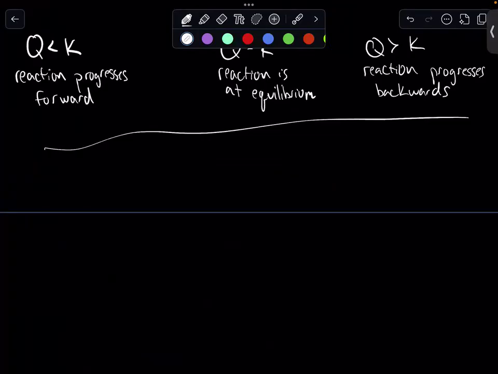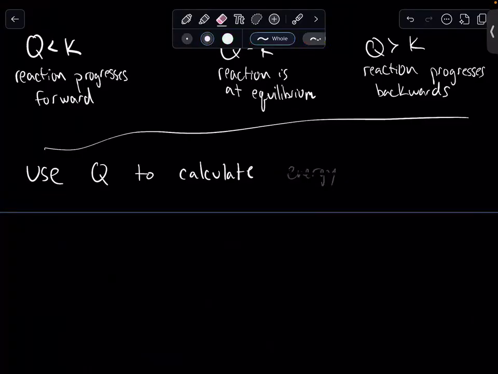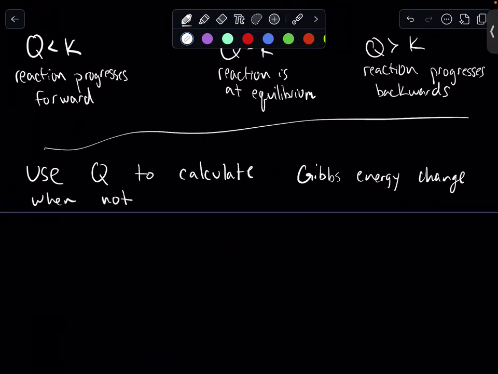The first thing we're going to do is use Q to calculate Gibbs energy change, because we're using Q to calculate Gibbs energy change when not at equilibrium.